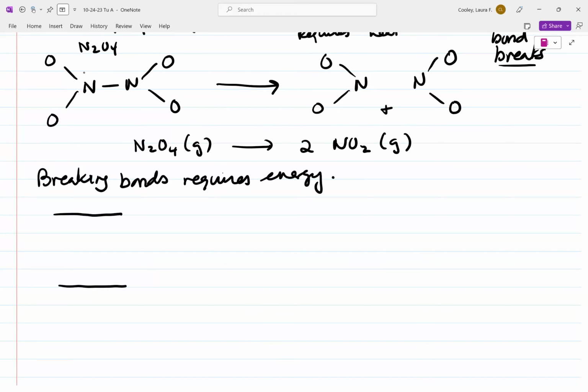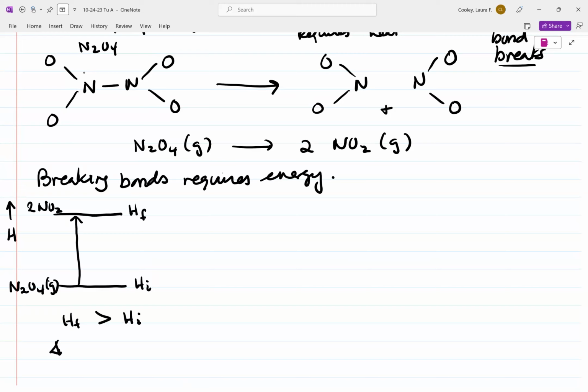The reactants are N2O4. This is going to be my N2O4 over here, and it has to go uphill on the enthalpy scale to get to 2NO2. So now our final is higher than the initial.